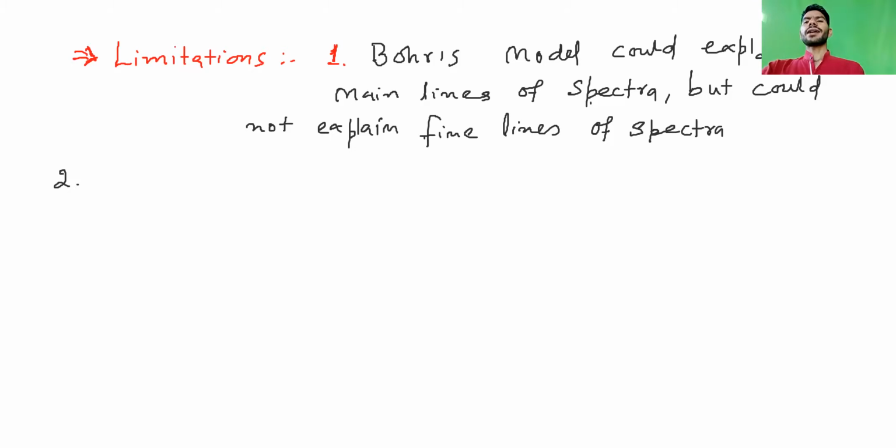The second limitation is that Bohr's model is only applicable for the hydrogen atom and hydrogen-like species. It is not applicable for multi-electron atoms.